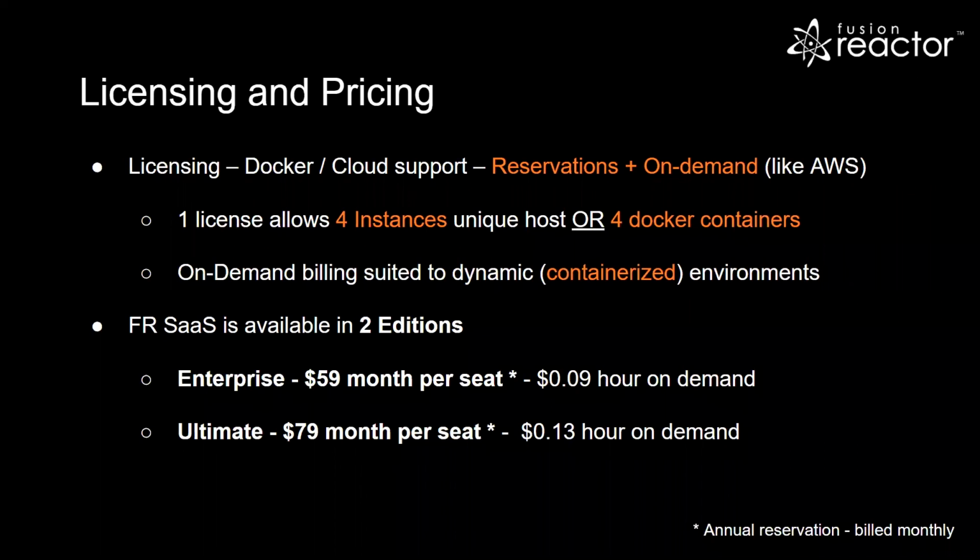It's slightly different than the on-premise version right now. With the annual on-premise license for FusionReactor, we bill for the full year in advance, but with the cloud, it's billed monthly. So you would reserve for a year, but bill monthly. And if you didn't take the annual reservation, then it automatically goes onto the on-demand billing. And by taking the annual reservation, you basically save 20% on the price.